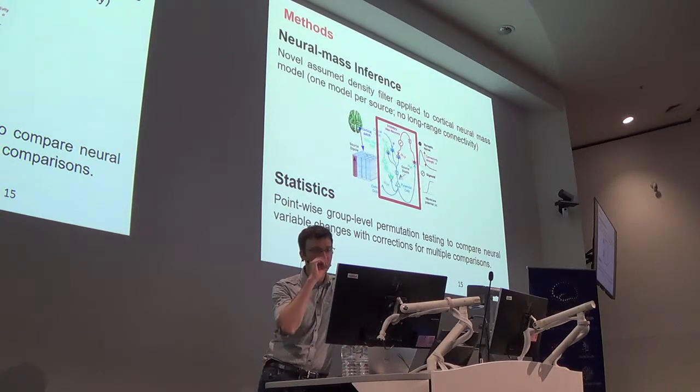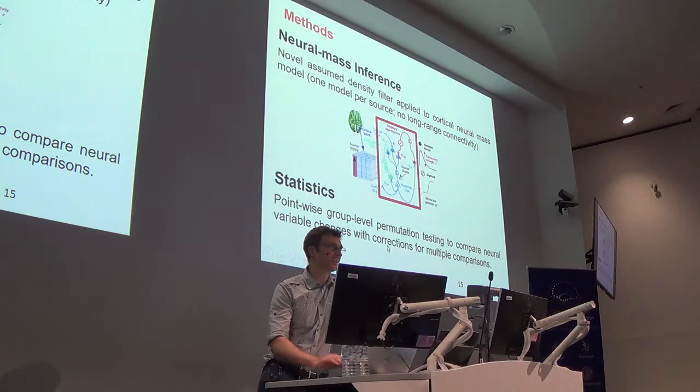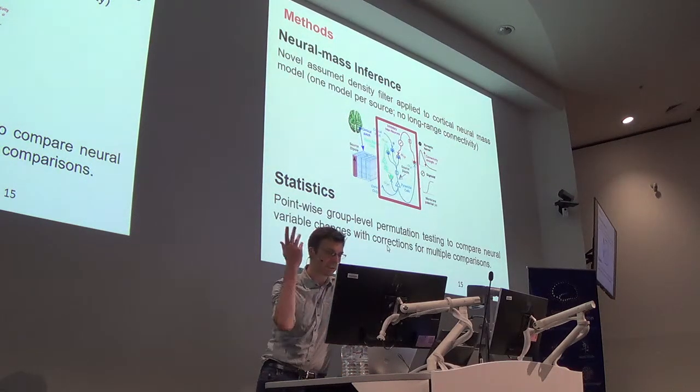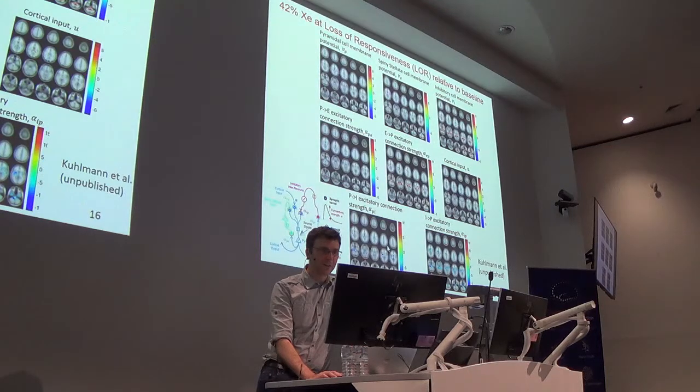We applied it first in epilepsy, and we use that to estimate our variables. Then we do group level statistics across all the subjects that I've talked about, and compare the baseline to the different gas levels. And this is just to give you an example of what we do.